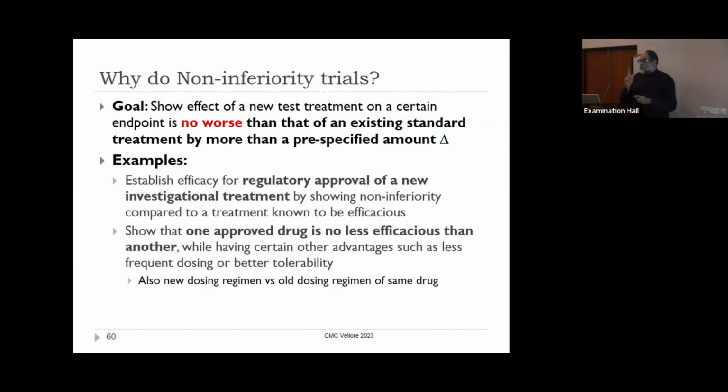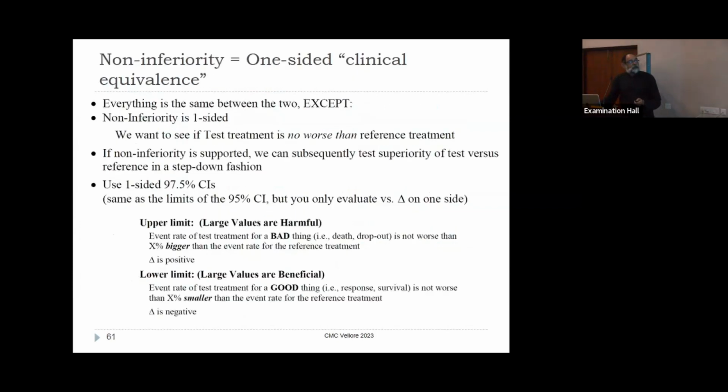So the question is, for superiority, we usually choose a delta from clinical judgment, but for non-inferiority, we can also do it by judgment like we all did here. But if you're going to submit a new drug to the US FDA, they have rules. And if you want to submit to them, you follow their rules. So I'll talk about their rules right now.